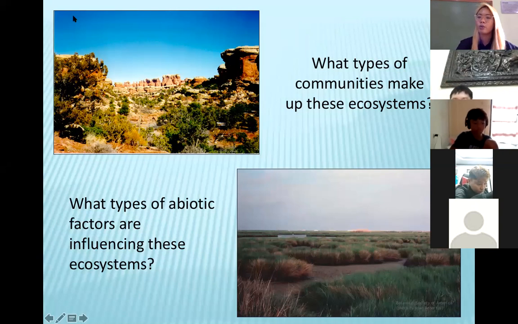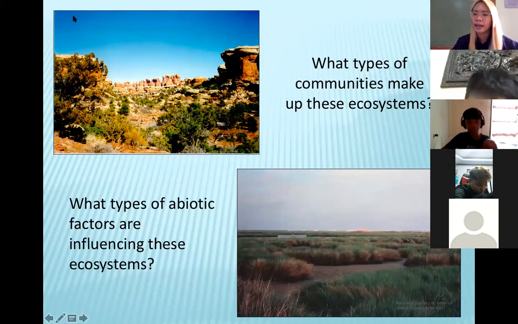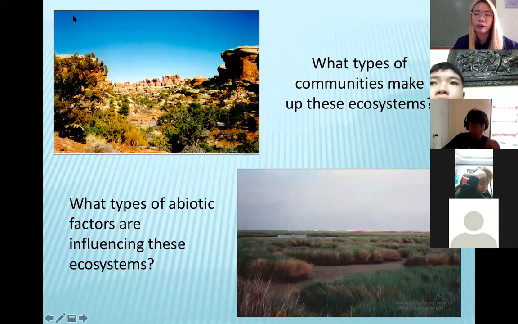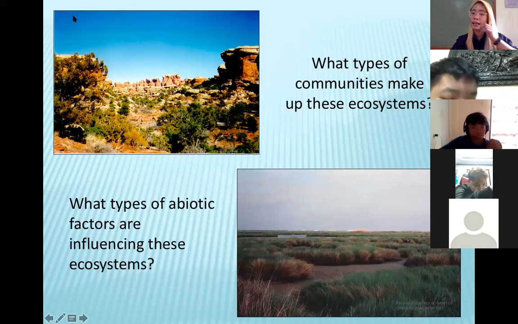Okay, you will observe, for example, in tropical areas, the animals are very colorful. Pero in other areas of the planet, there are birds, there are flowers, but they are not as colorful as those found in the tropical areas. So like I said, they have different abiotic factors that are influencing them.